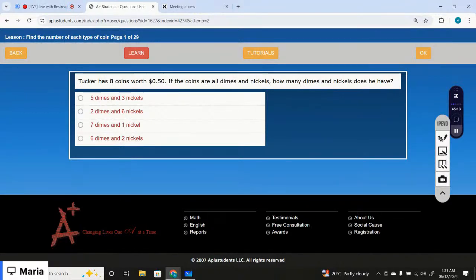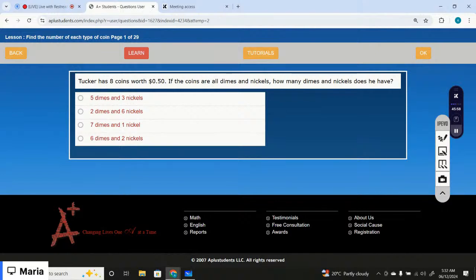Tucker has 8 coins worth 0.50. If all the coins are dimes and nickels, how many dimes and nickels does he have? So the total you have to make is 50 cents.